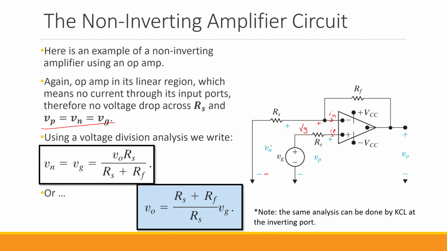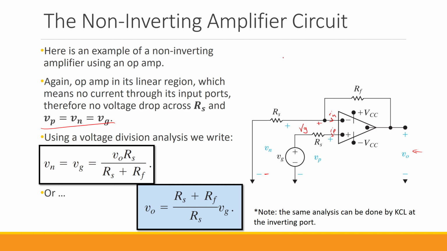So now if you look at the circuit from this side, we have Vout here. And if we follow this path, we see that we have Rf and Rs in series. Since this one doesn't have any current, it's practically an open circuit.